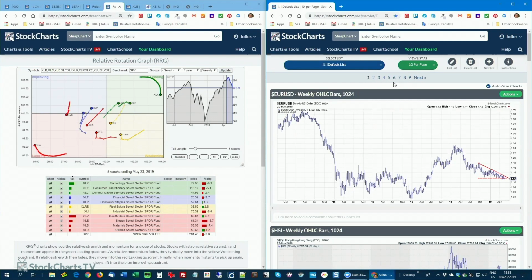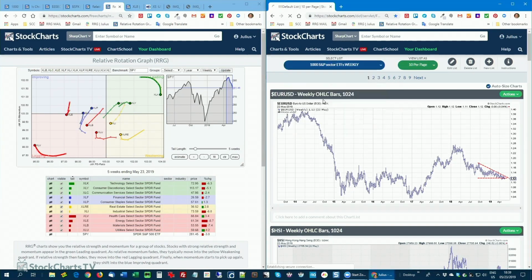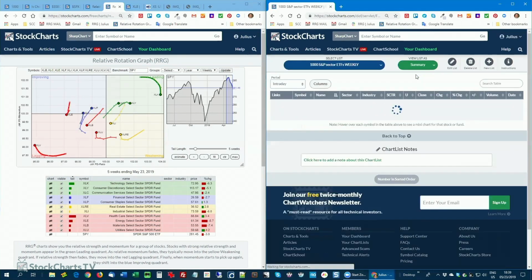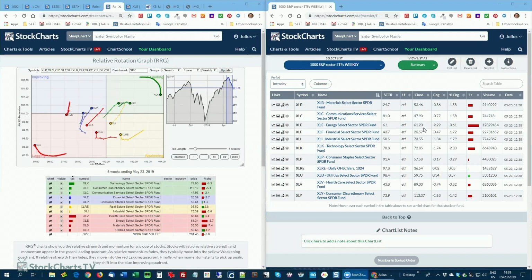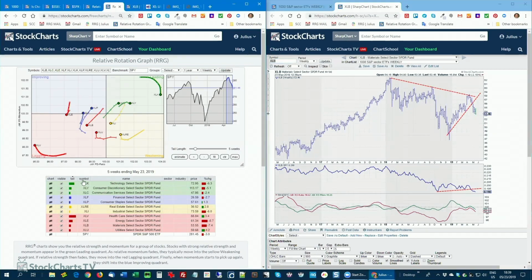And here is my weekly ETFs, and let's bring up the summary so we can have them side by side. Materials, symbol here.